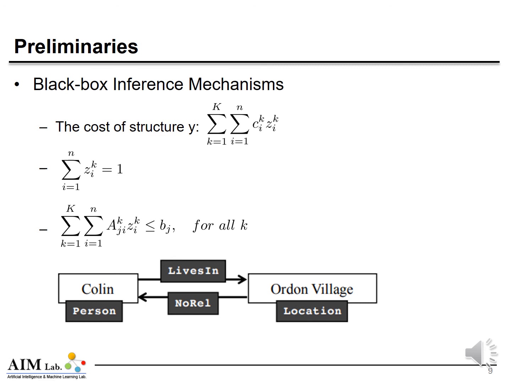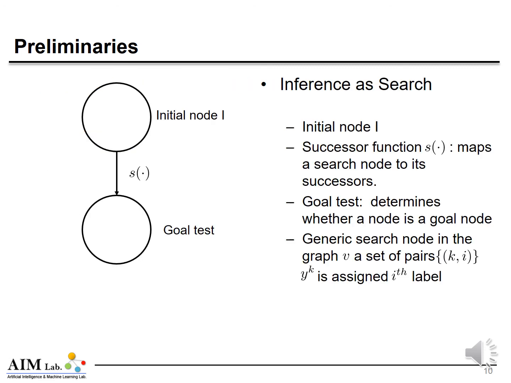The bottom equation shows these constraints. Directly applying the black box solver for a large output space may be impractical. An alternative general-purpose strategy for inference involves framing the maximization of score as a graph search problem.